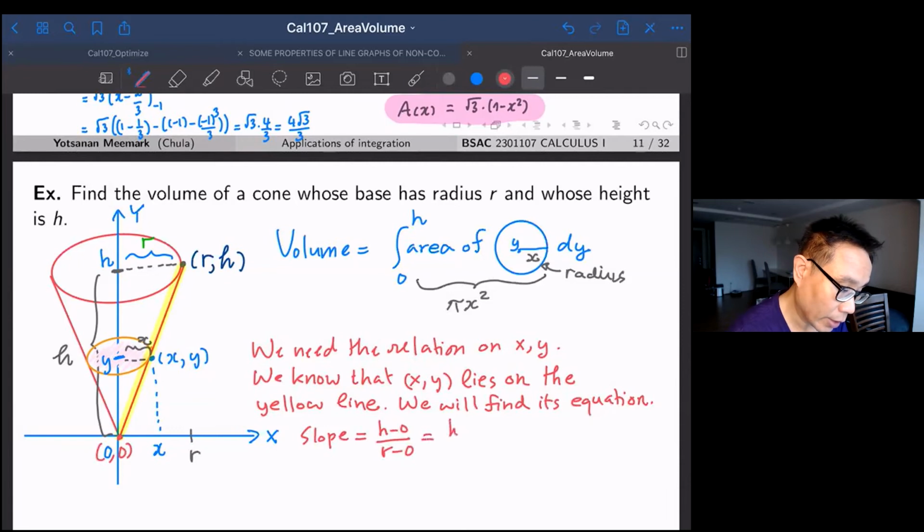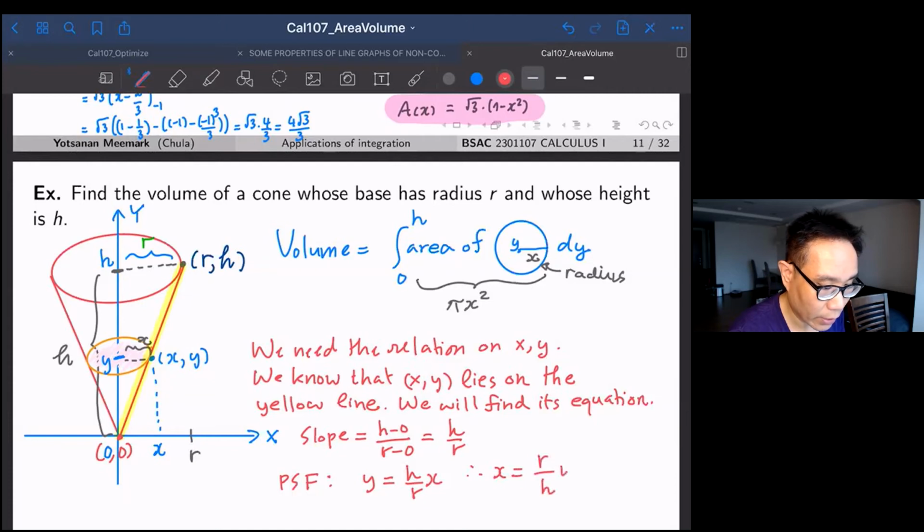So it's going to be h over r, and you just use point-slope form. You're going to get y equal to h over r times x. So you're going to get x equal to r over h times y. This will give you the relation between x and y.